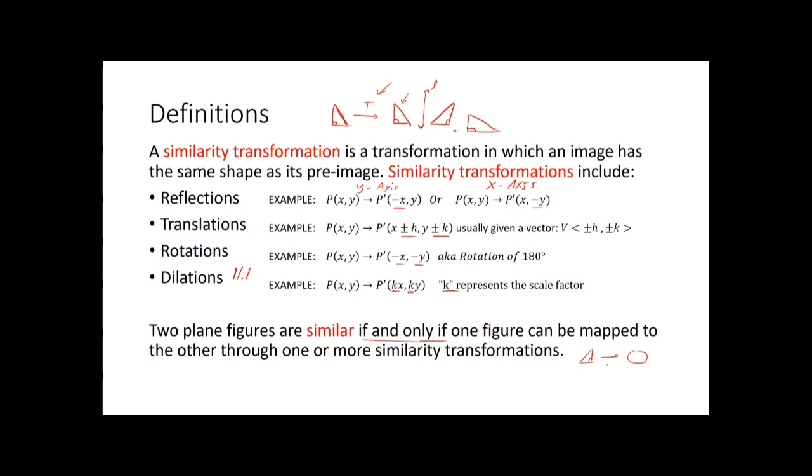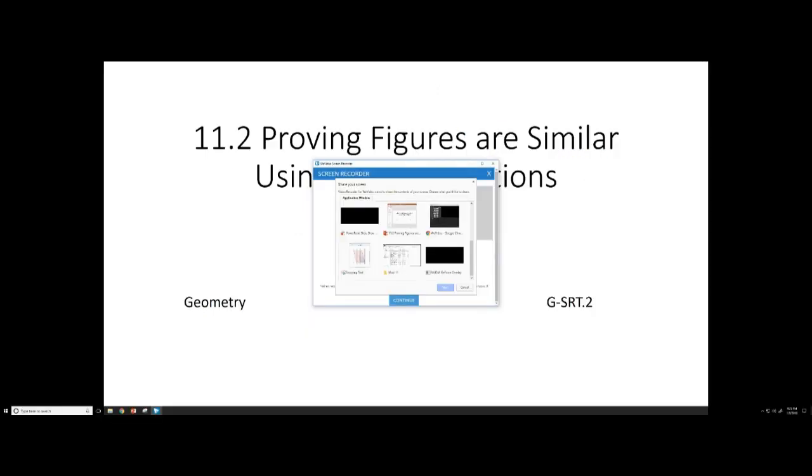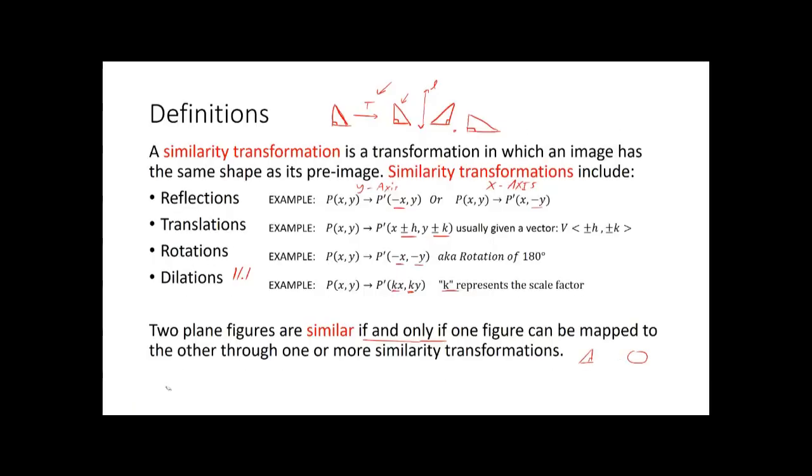If we were to write similarity, there's actually a symbol that we use. It's kind of like congruency, but not exactly. It's this wavy line, but since these are not similar, I would cross it out. Not similar. Two right triangles, on the other hand, this right triangle would be similar to the other right triangle. So similarity is that little squiggle line. If you ever see me do that, that means similar.